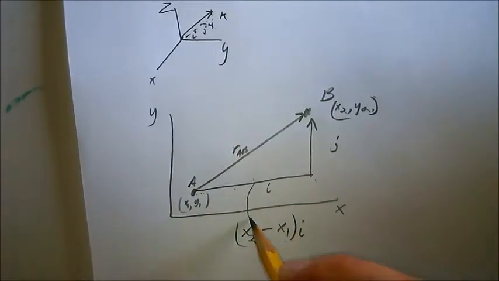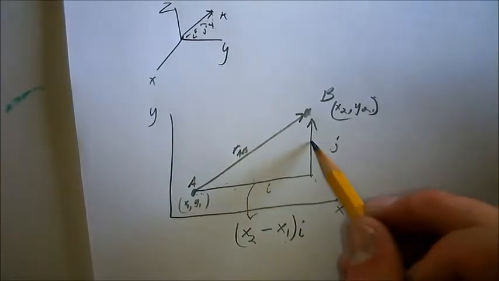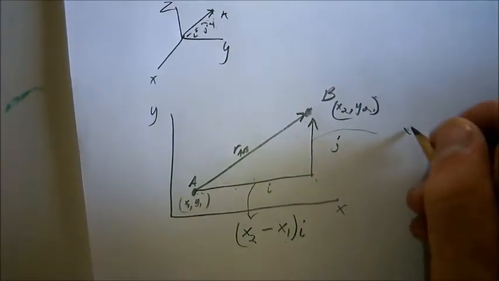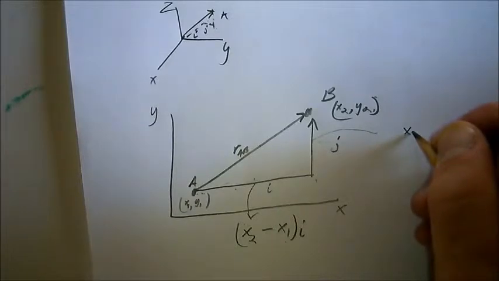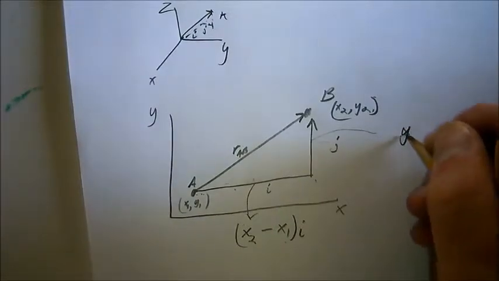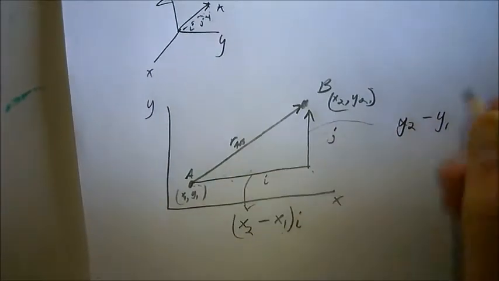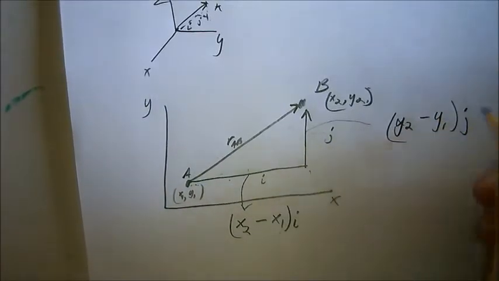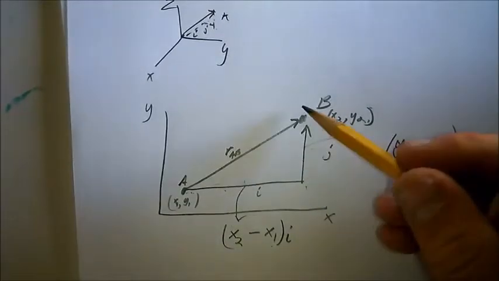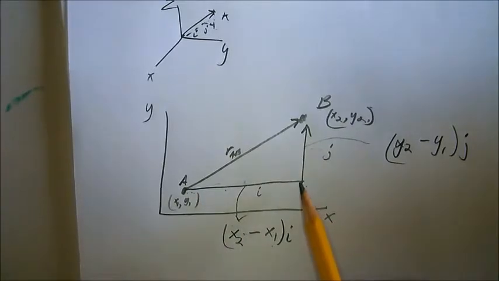So that's going to be basically this length right here. And then this vector right here will be y2 minus y1 j, because this is the distance in the j direction and this is the distance in the y direction.